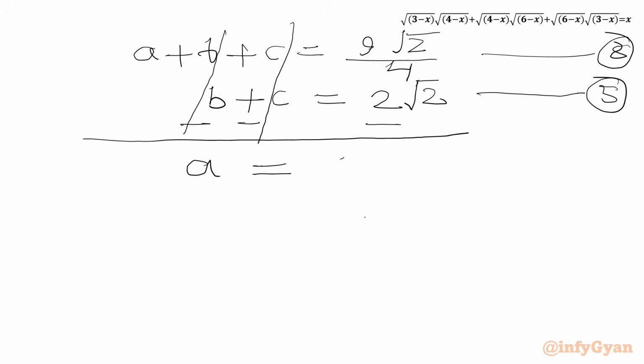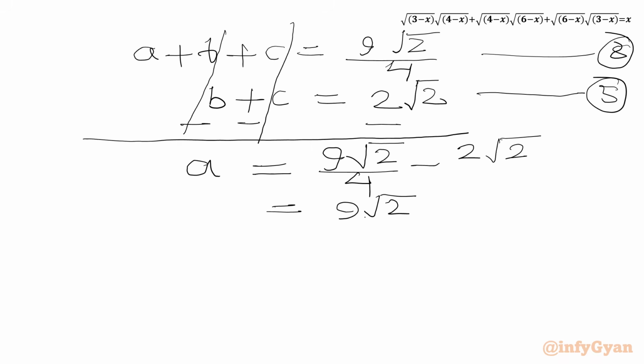And in RHS, we have to write 9 root 2 over 4 minus 2 root 2, which will be equal to 9 root 2 over 4 minus 8 root 2 over 4. Now denominator is same.